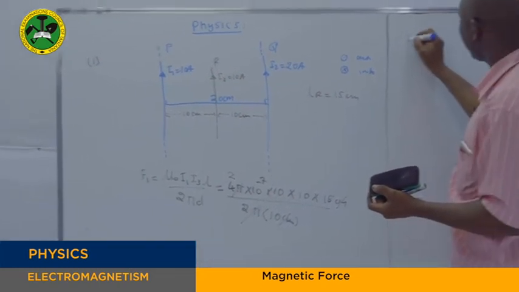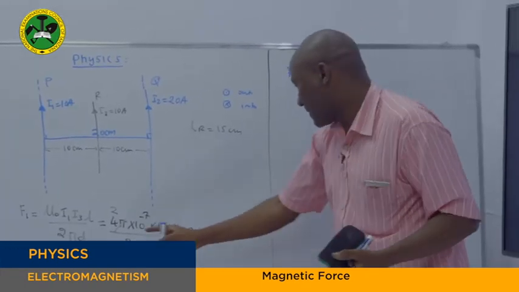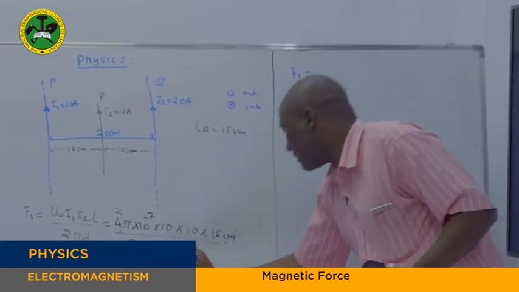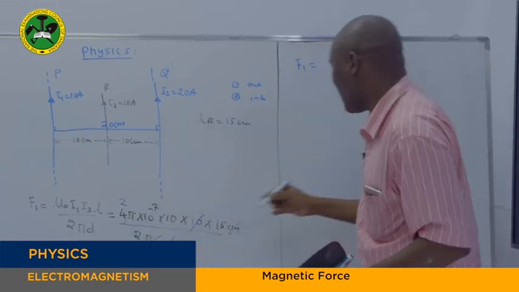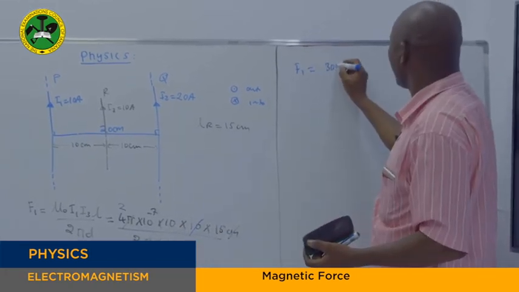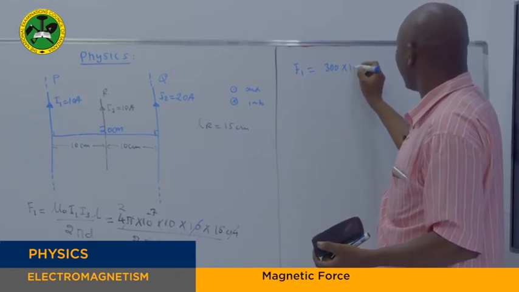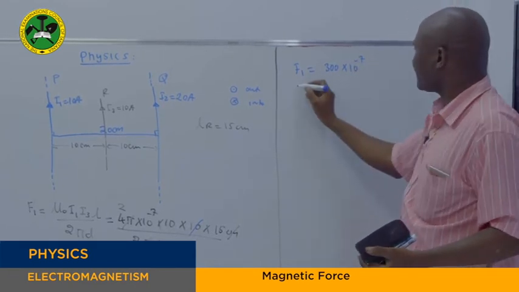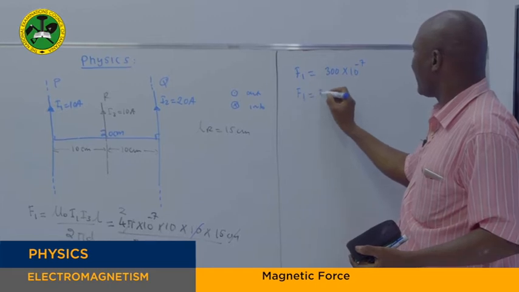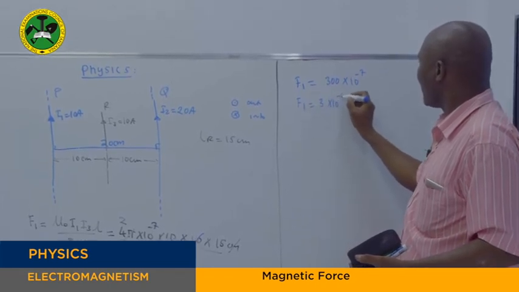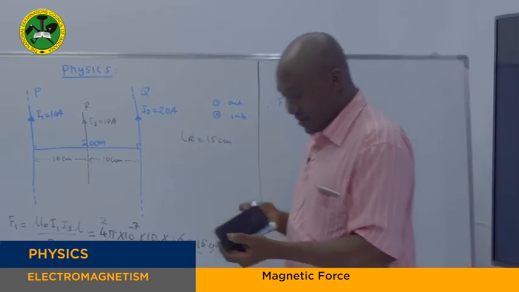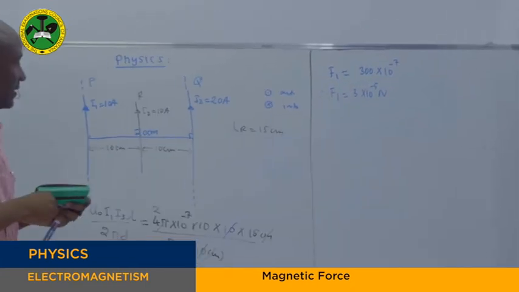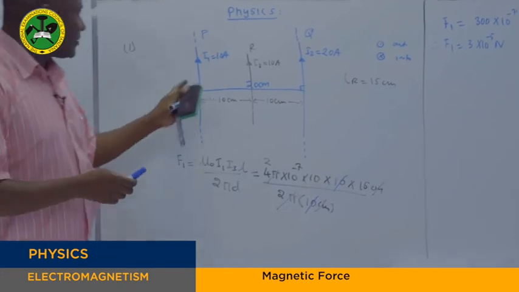Even without the calculator, you can find F1: the 10 and 10 cancel out, so you have 150 times 2, 300, times 10 negative 7. This gives us 3 times 10 negative 5 Newton. So this is the magnitude of the force F1 on R due to P.